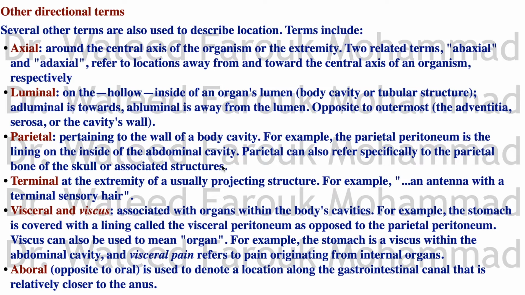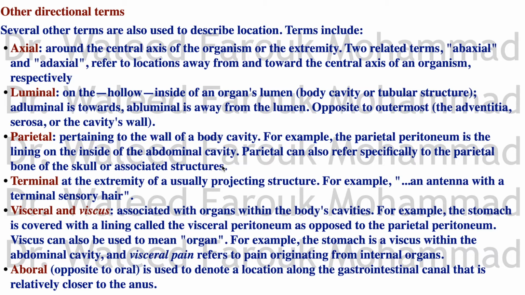Parietal means pertaining to the wall of the body cavity. For example, the parietal peritoneum is the lining of the inside of the anterolateral abdominal wall cavity. Terminal means the extremity of a projecting structure, for example, an antenna with a terminal sensory hair.